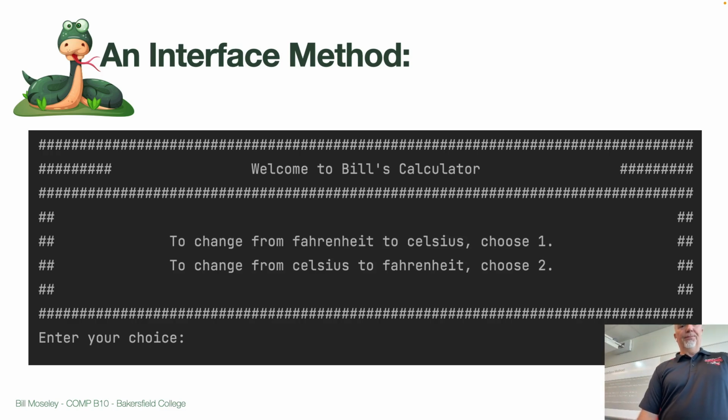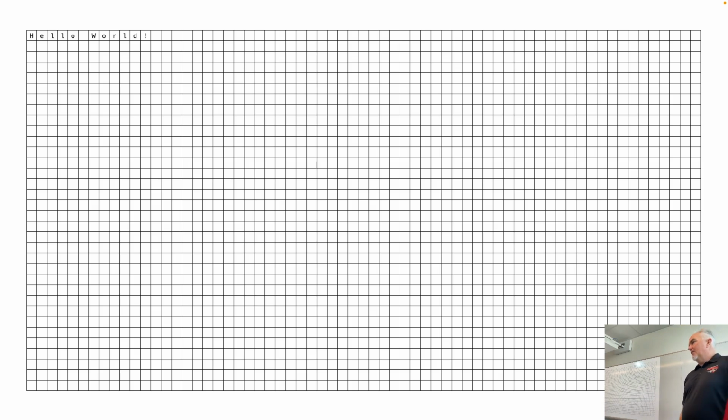It's not really complicated. But in order to get there, I need to share with you how Python views the world. So when I print hello world in Python, each character fills in one space on this grid. In the Python world, the default line width, from here to here, is 80 characters wide.